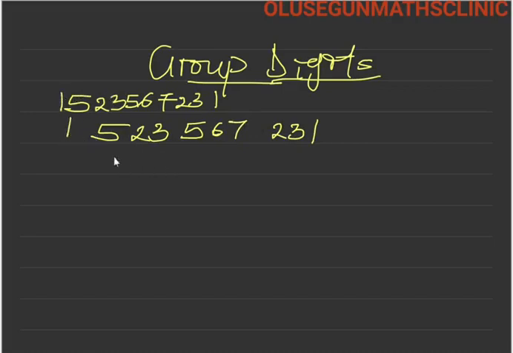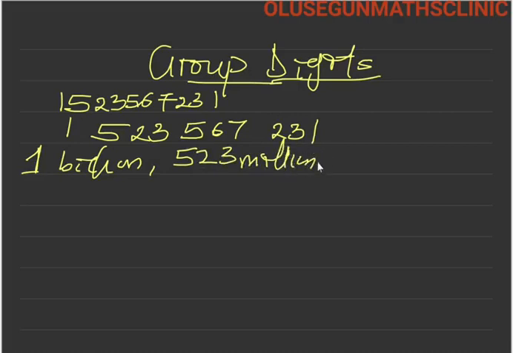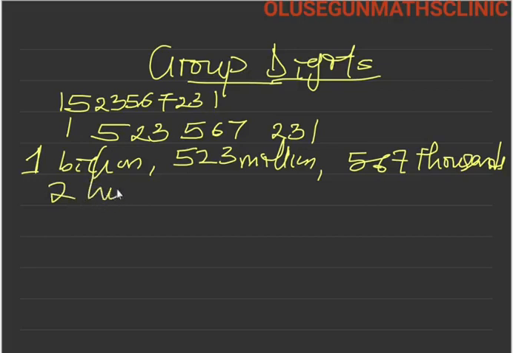So he said 1 billion, 523 million, 567,000, 237. So this is how it looks like.